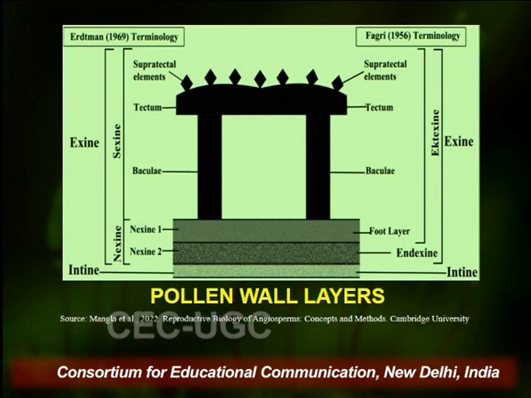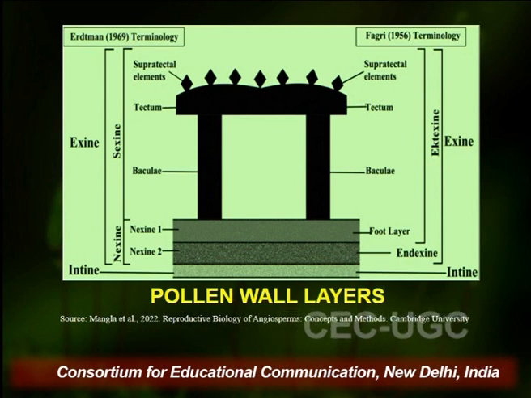Now beyond the tectum there are certain elements which are contributed again by the tectum. These are called the supratectal elements, and these are also a very important feature of the pollen wall.